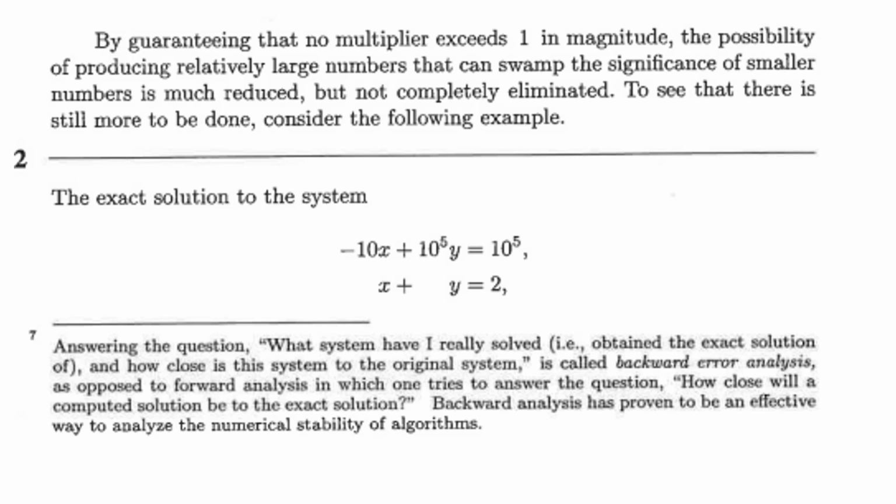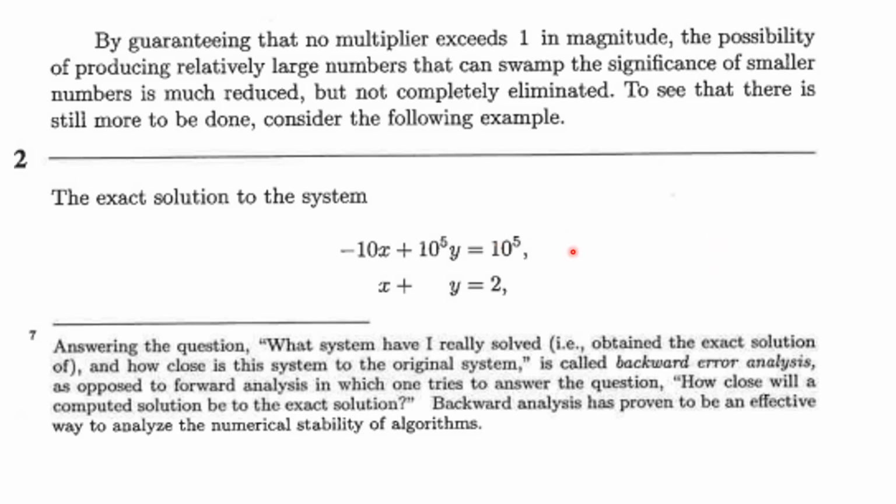So by guaranteeing that no multiplier exceeds 1 in magnitude, the possibility of producing relatively large numbers that can swamp the significance of smaller numbers is much reduced. Not completely eliminated, however. And to see that there's more to be done, let's consider the following example.